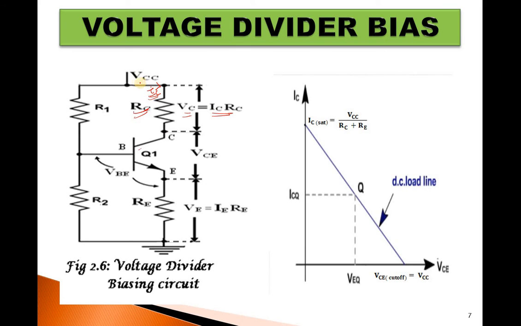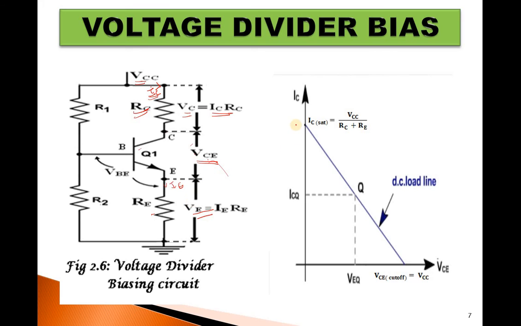Let me write this in capitals since we are dealing with DC. Then the current flowing through this is the emitter current IE. IERE will give the voltage drop across the emitter, that is VE. Then the voltage drop across these two is called VCE since it is the voltage across collector and emitter.